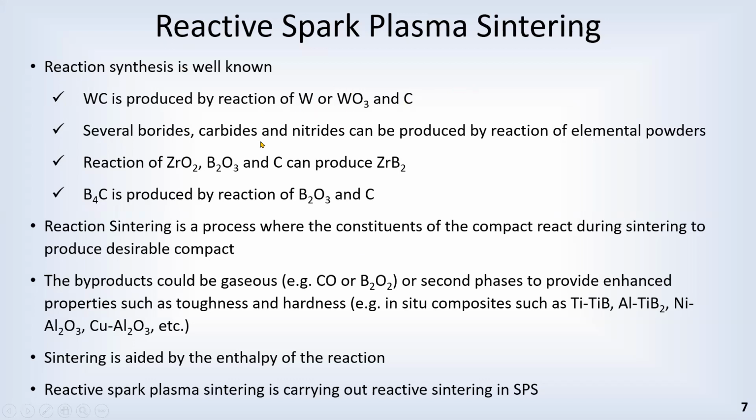Several borides, carbides, and nitrides can be produced by the reaction of elemental powders. And we make ZrB2 powder by reaction of ZrO2, B2O3, and carbon. And B4C, boron carbide, is produced by B2O3 and carbon.